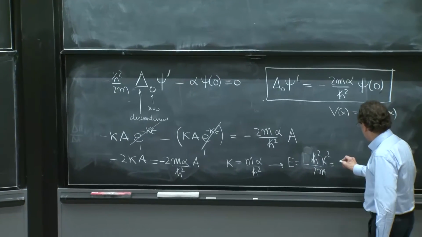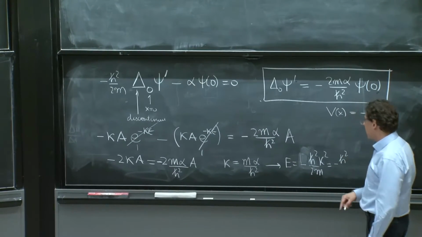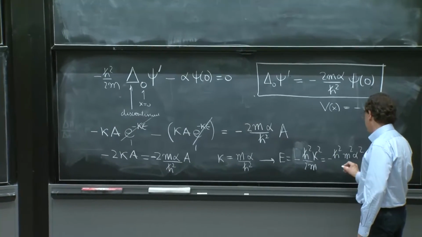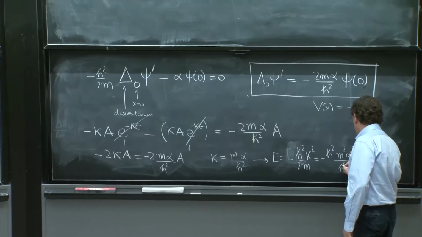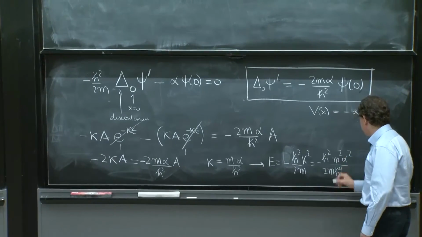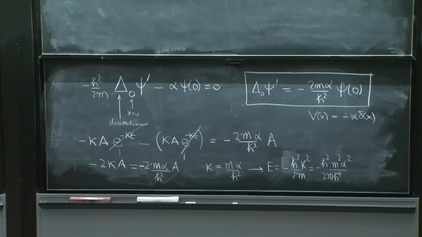So it's minus h bar squared. Kappa squared would be m squared alpha squared over h to the 4th, and there's a 2m. All these constants.